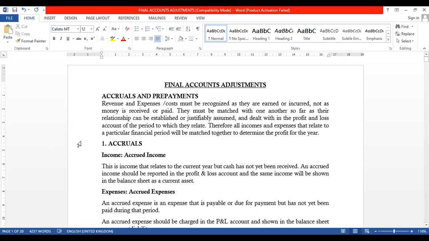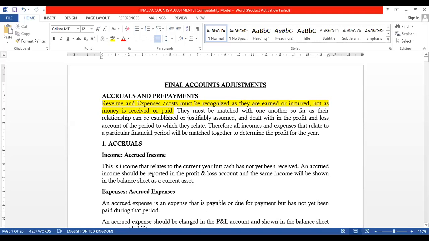Now, you remember we talked about the principles and the concept. It would be important if you revisit that work, because one of the principles we covered was that revenues and expenses must be recognized when they are earned or incurred, not when money is received or paid.